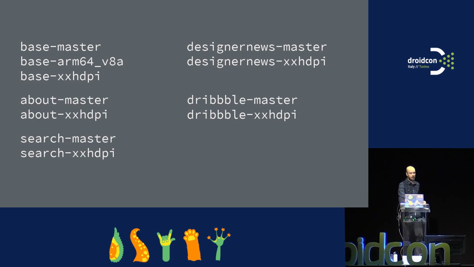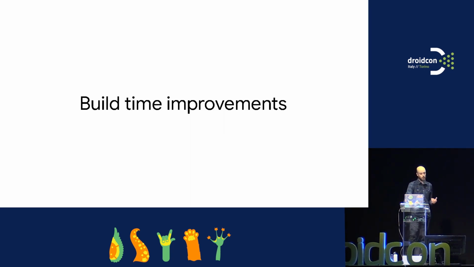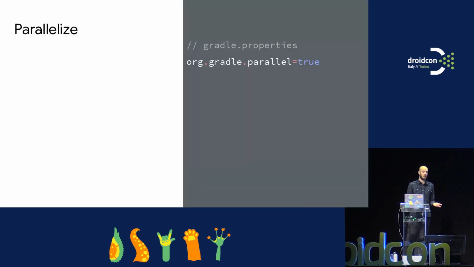With that, one big feature that we could use is that the build time improved massively after we've done this. There's a couple of ways how this worked. Just because we have smaller deployments, we get those improvements. The easiest way to do this for your application after you have modularized it is to parallelize.